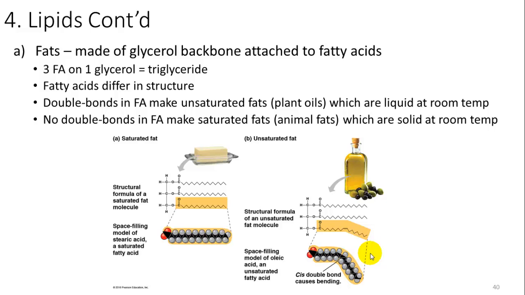Okay, if you don't have any double bonds, then they fit tightly together, and because of that arrangement, they are solid at room temperature. So fats are generally solid at room temperature. Oils are generally liquid at room temperature. Oils are unsaturated fats, and animal fats, butter and such, are saturated fats.